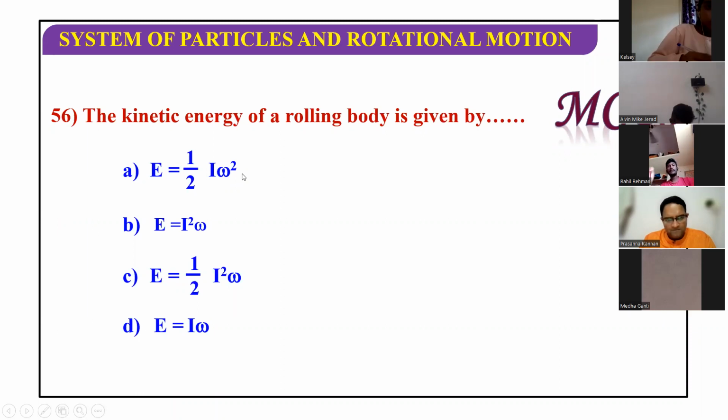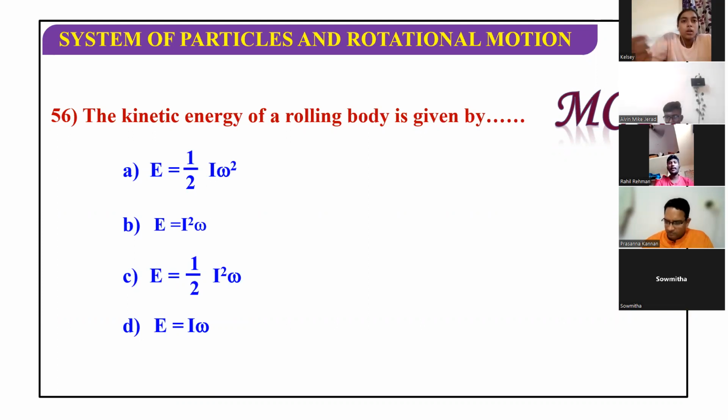Of course, this is half I omega square for a rotating body. For a rolling body, I should have also added what? You can correct the question to rotating body. For a rotating body, E is equal to half I omega square. But if it's a rolling body, what should be the expression for kinetic energy? What is rolling?